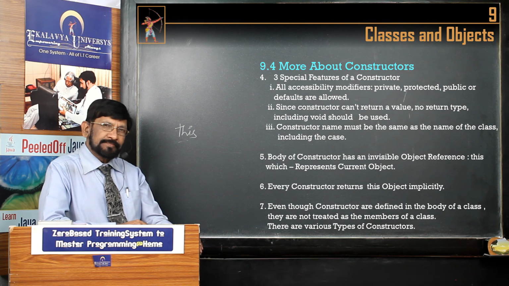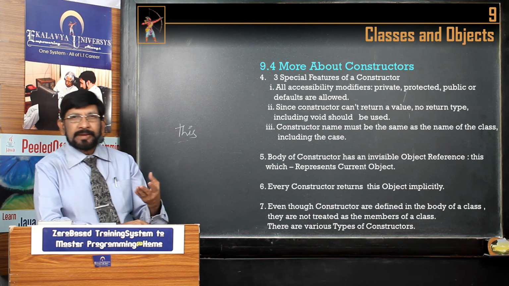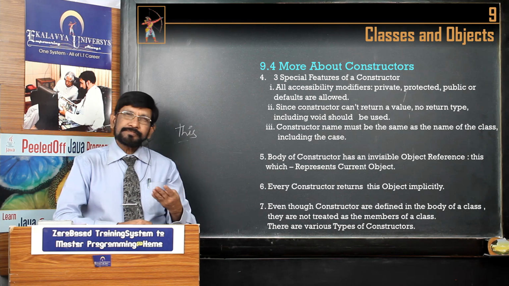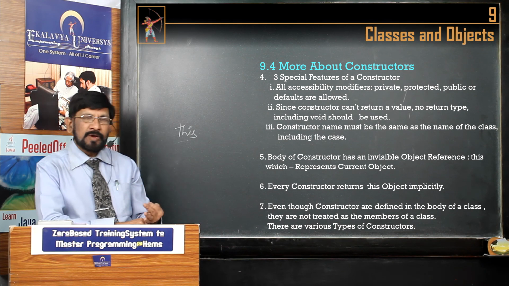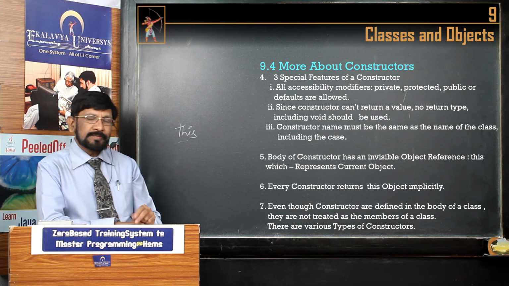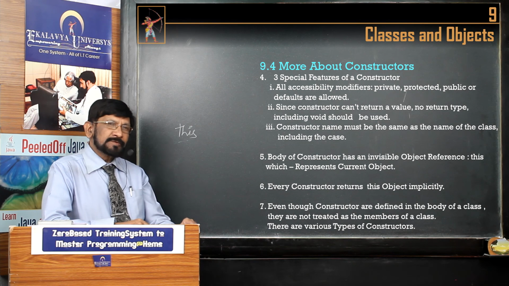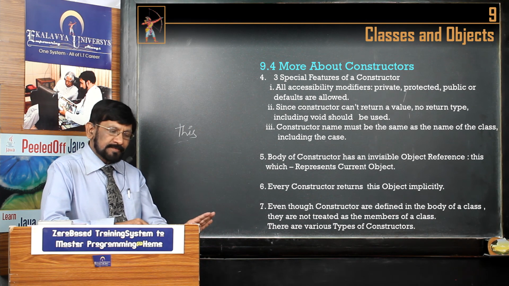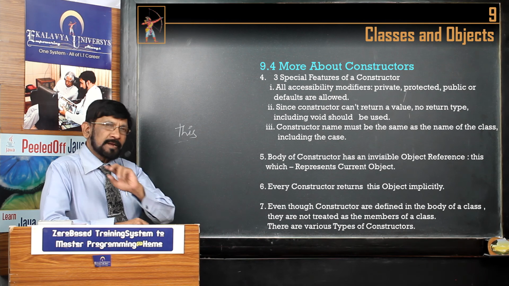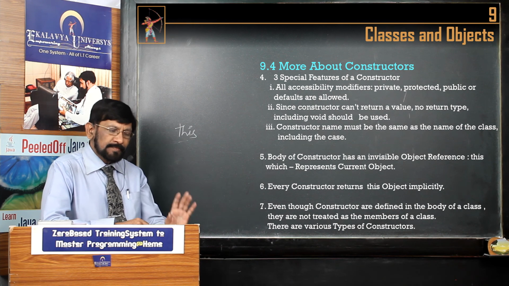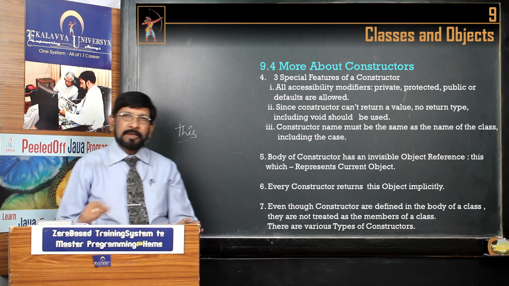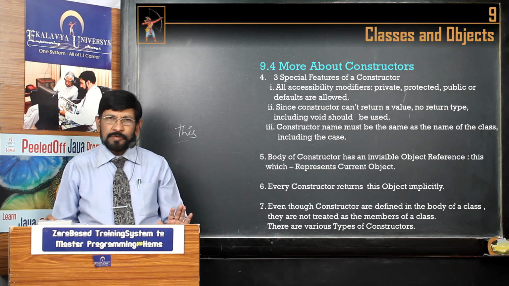These are the members. Apart from that, we write constructors, instance initializer blocks, and static initializer blocks. These three types of elements should not be treated as members of a class. So, constructors are not members of the class. That point you have to understand. And these are the specialties about constructors.